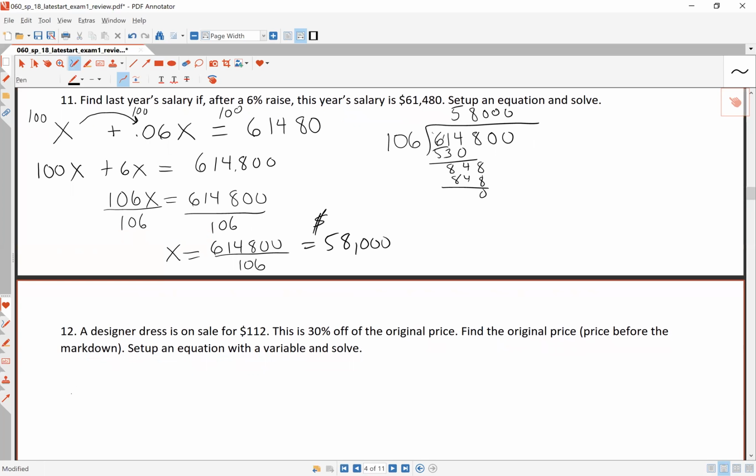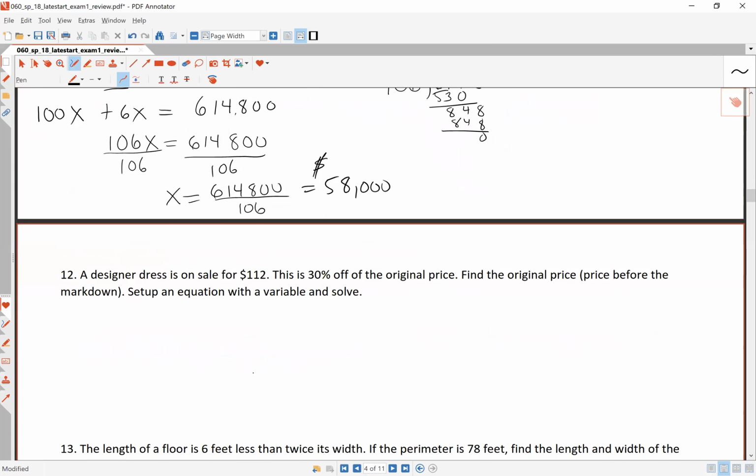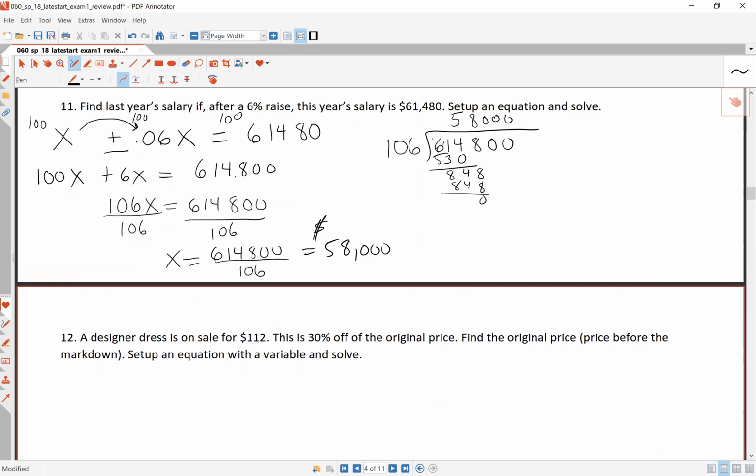So that's what you call a percent of increase, because you're adding, and then sales are percent of decreases. And so a designer dress is on sale for $112, and this value, $112, is 30% off of the original price.